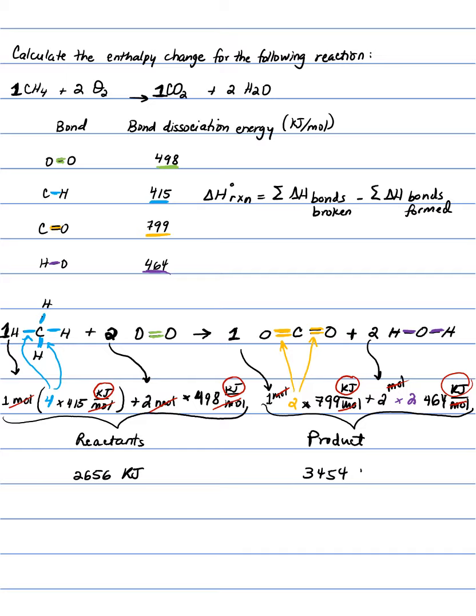And that's kilojoules. So when you're calculating the delta H for the reaction, that will be your reactant minus the product. So 2656 kilojoules minus 3454.